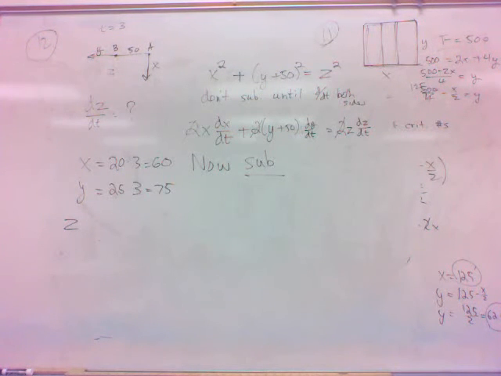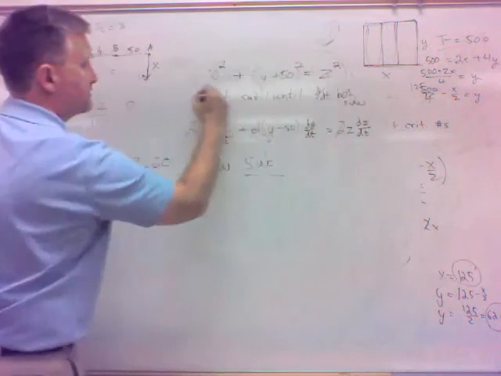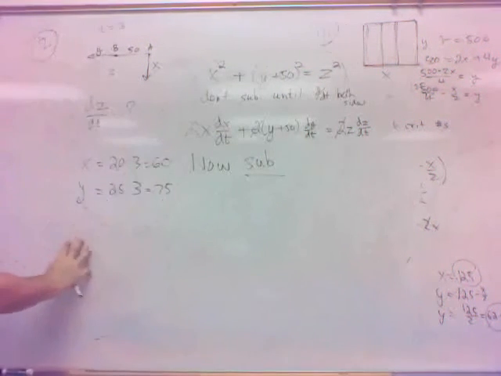For z, I have to go back to the Pythagorean theorem again, don't I? I have to use this again to find my z.